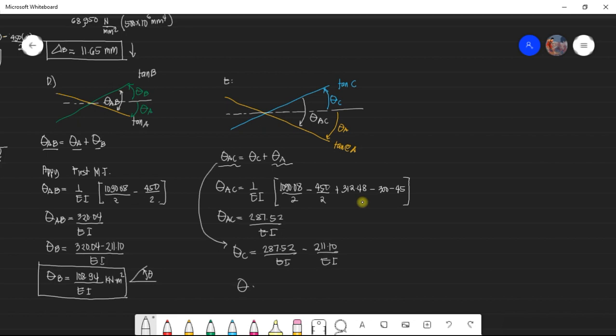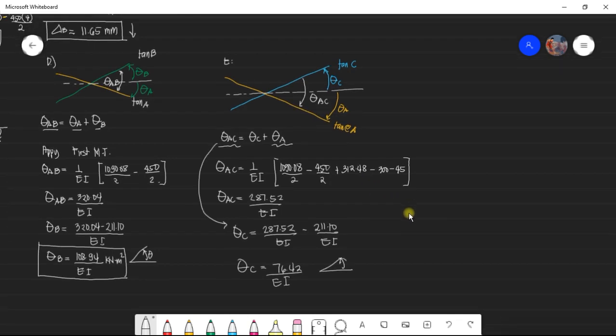So the slope at C is 76.42 over EI. What is its direction? Counterclockwise. So we have solved everything.